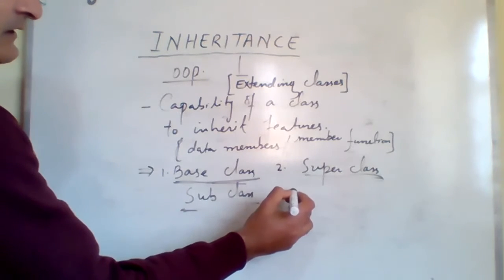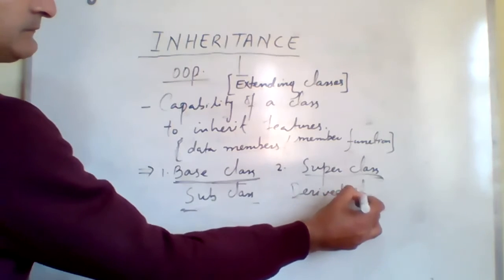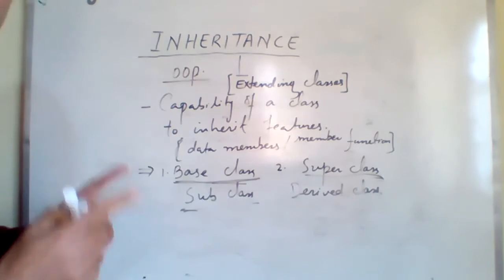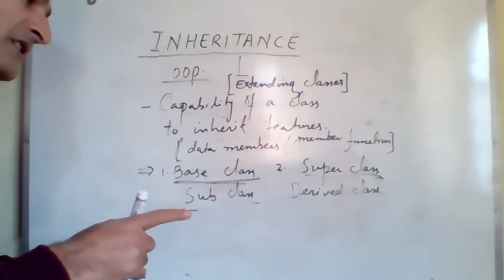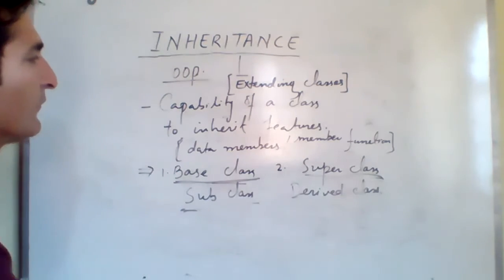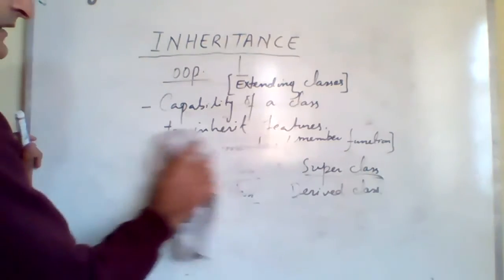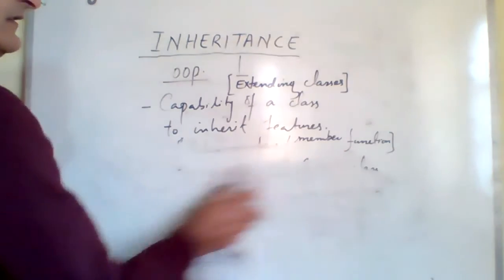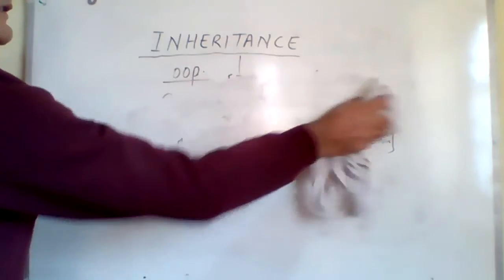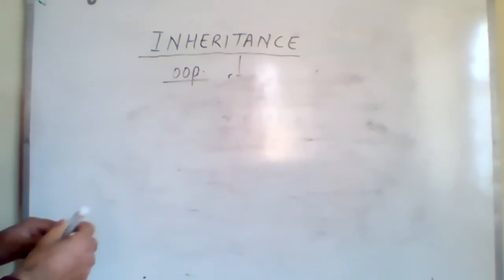And this class we can also name as derived class. The class which inherits from another class is the derived class. And the class from which the class is inheriting is a superclass, or it is a base class.